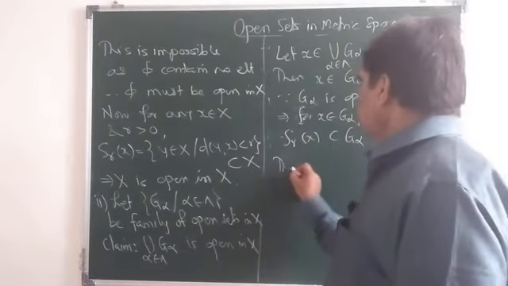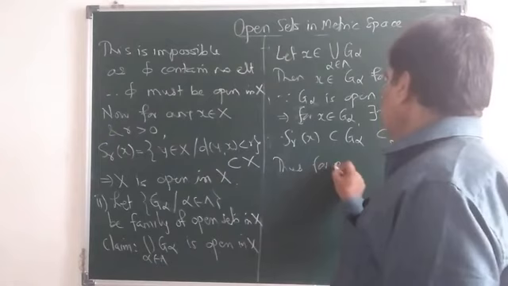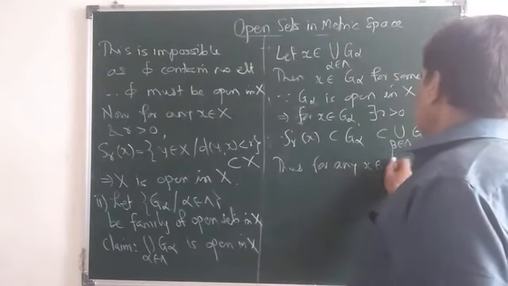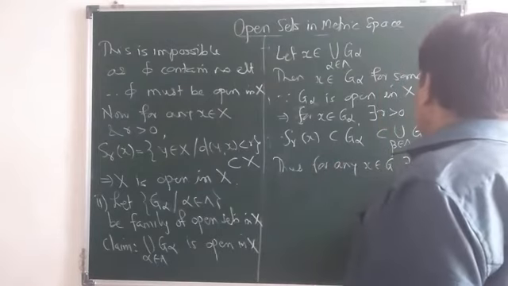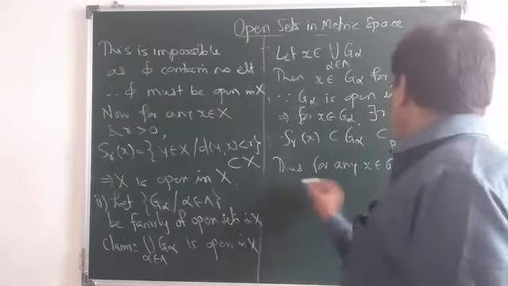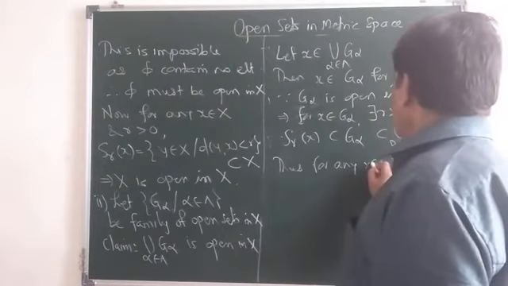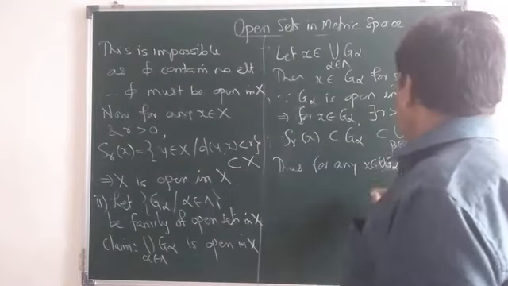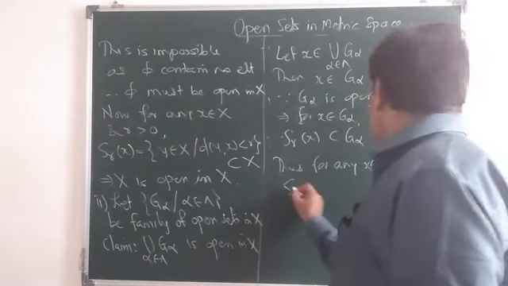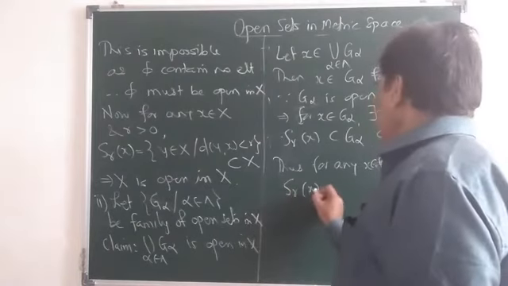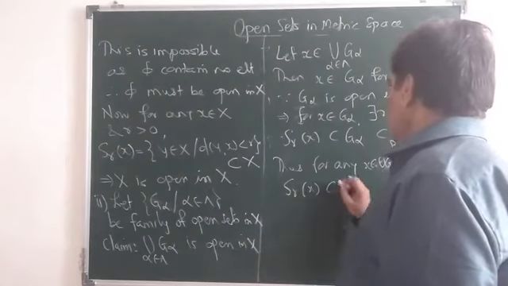Thus, for any x belonging to G, there exists some r greater than 0 such that the open sphere about x is contained in the union of G alpha.